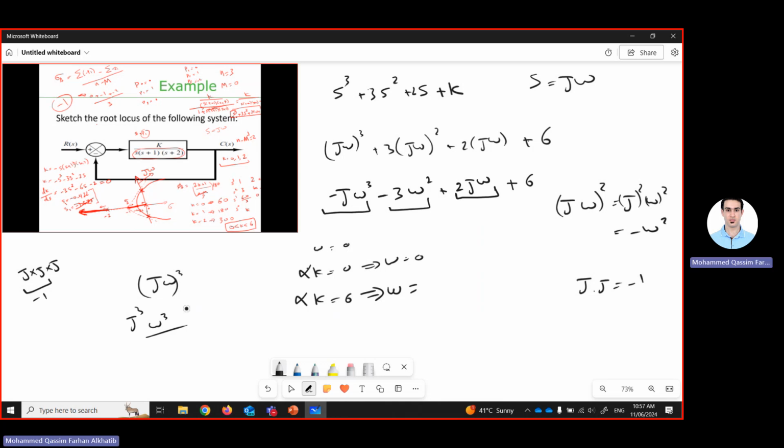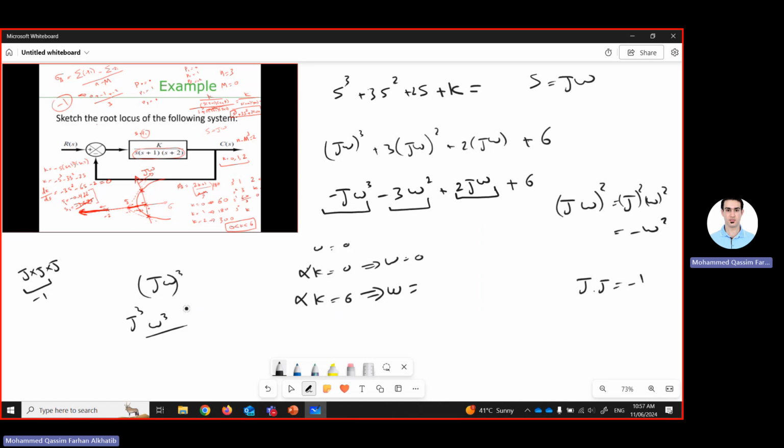Simplify. Real part alone, imaginary part alone. Look for the real part, make it 0, because it is on the axis. I have this transfer function. Substitute j omega instead of s.